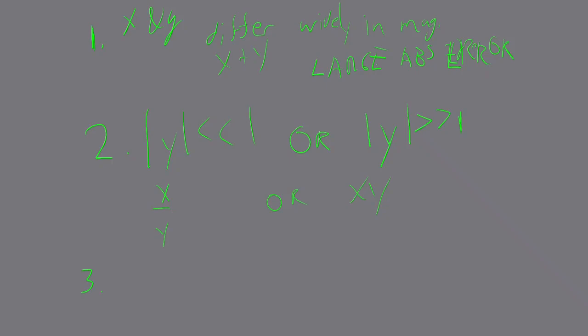And then if x and y are basically the same number, then x minus y could get rounded down to 0 or near 0. And when that happens, you get a large relative error because it's basically 0. So it's definitely not a large absolute error when you think about it like that.